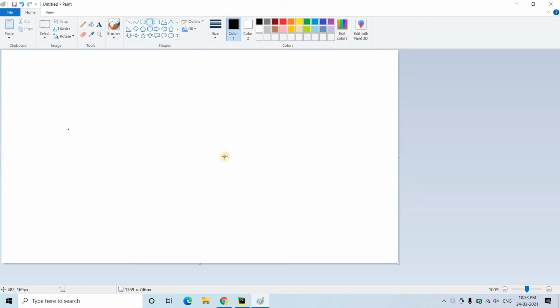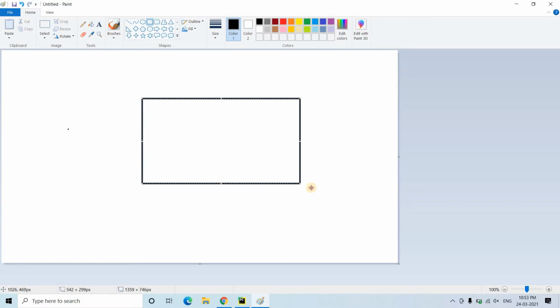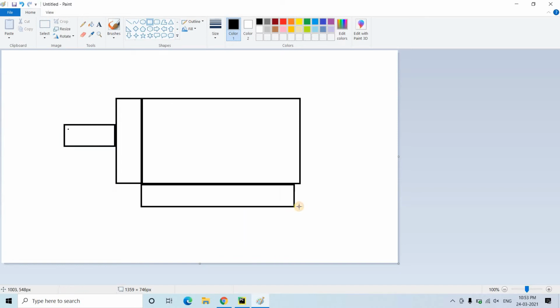Okay, so first here I am taking one box. I am creating one simple confusion chart for binary classification. Here I can create one like this, and here also one like this, and here one smaller one like this.